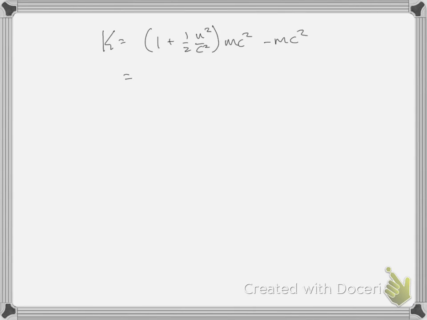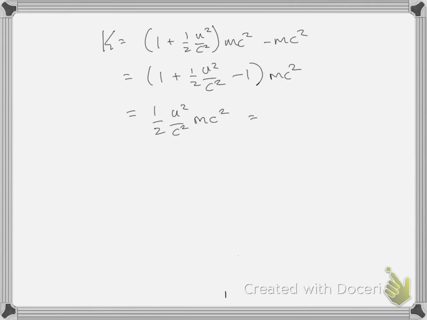Okay, let's simplify that. Now we can factor out the mc squared. So we've got 1 plus 1/2 u squared over c squared minus 1, times mc squared. So I just factored out the mc squared, and 1 minus 1 is 0, so we're left with 1/2 u squared over c squared mc squared.